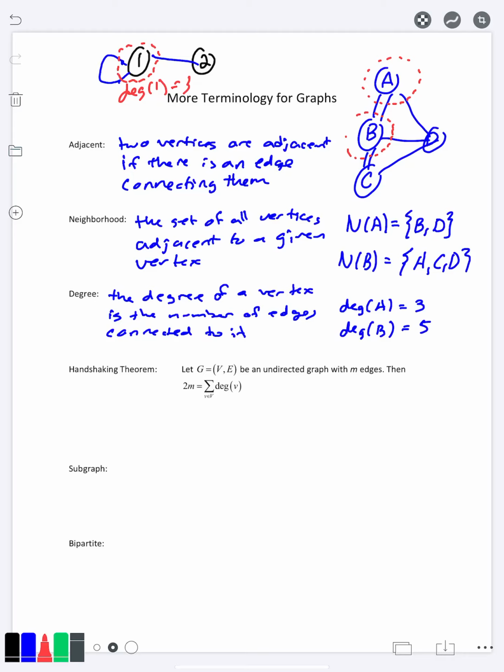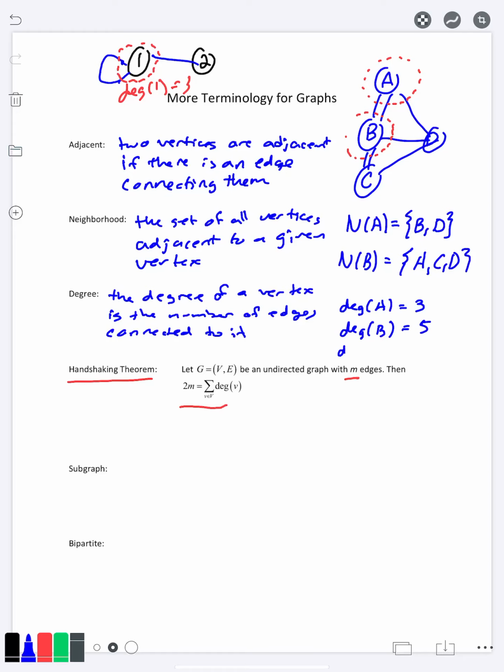And then we give this the Handshaking Theorem, which I think is one of the coolest little theorems we have in math. It says that if you have any sort of undirected graph, and that there are m edges in the graph total, then you are always going to get 2m equals the sum of the degrees of the individual vertices. So up here, we did degree of A and B already.